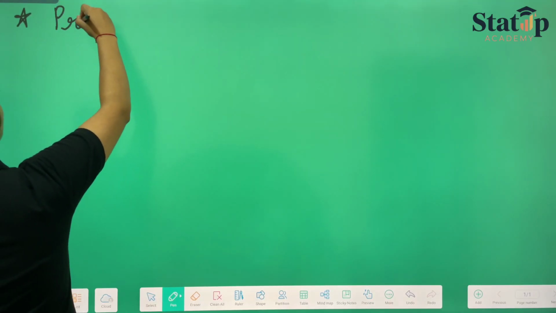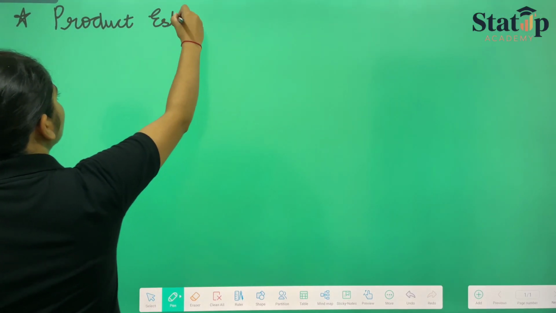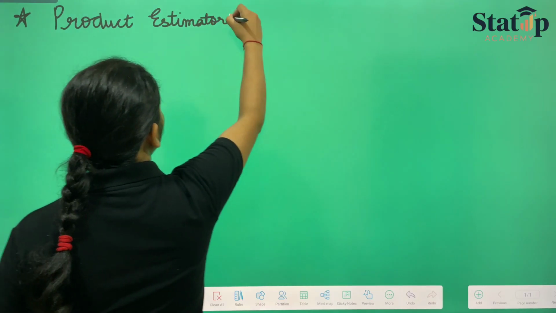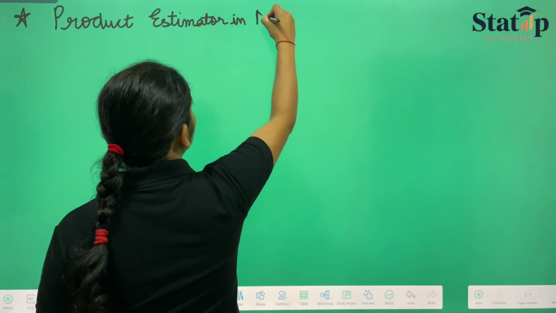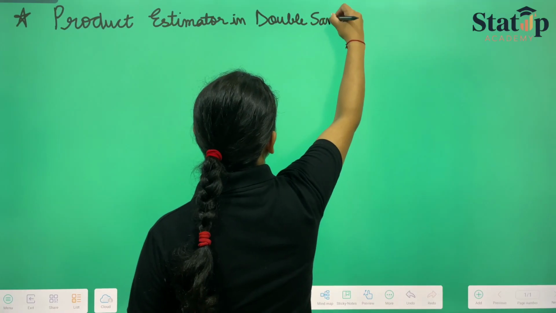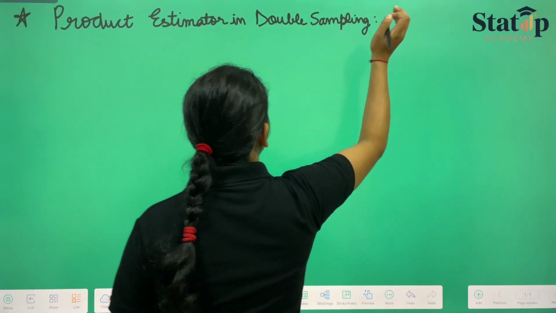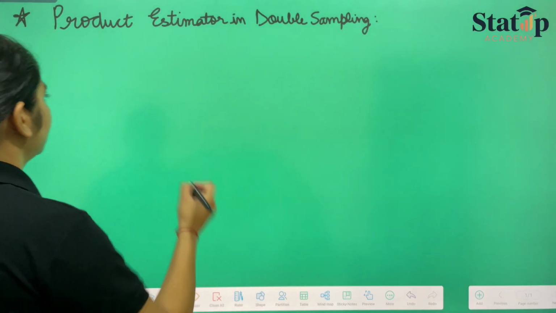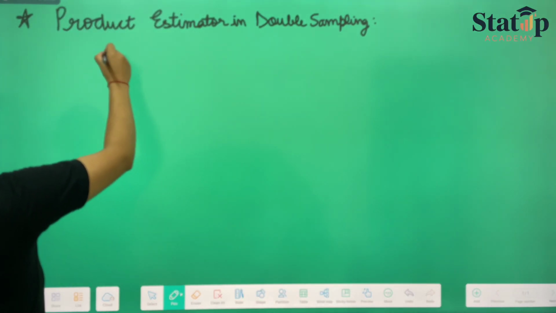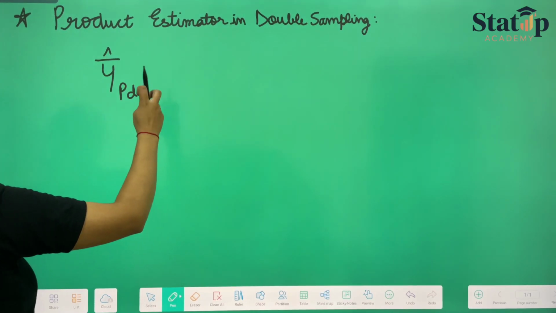Product estimator in double sampling. So the product estimator is defined as Y bar cap PD, where P is for product and D is for double sampling.